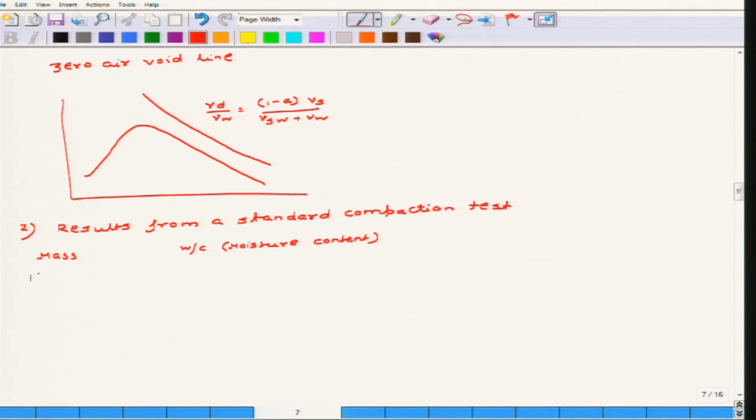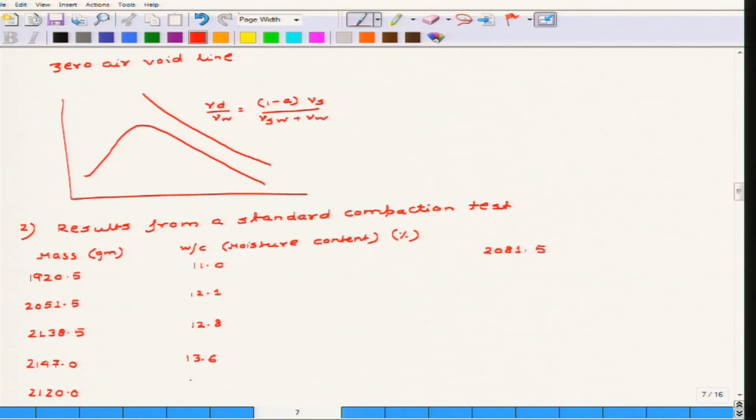The mass of the soil in grams is given as 1920.5, 2051.5, 2138.5, 2147.0, 2120.0 and 2081.5. The corresponding moisture contents, in percentage, are 11%, 12.1%, 12.8%, 13.6%, 14.6% and 16.3%.